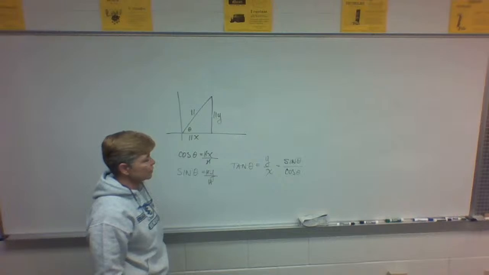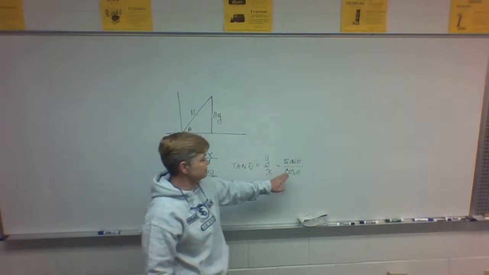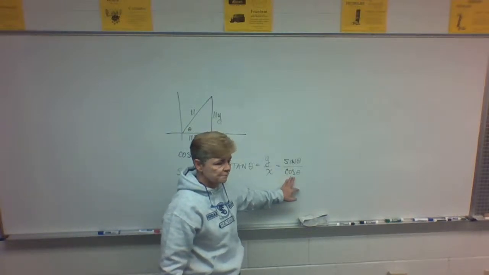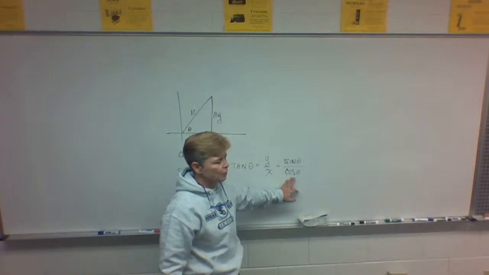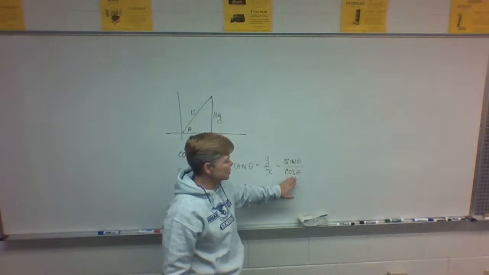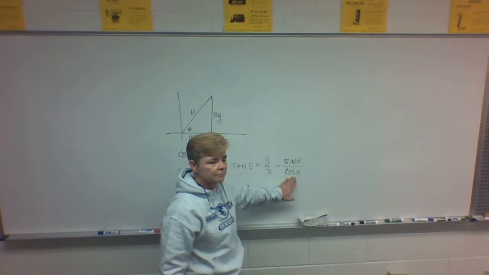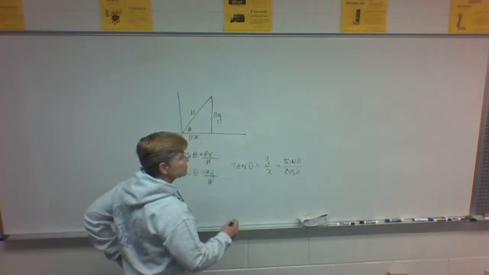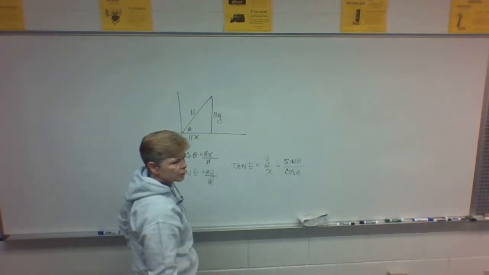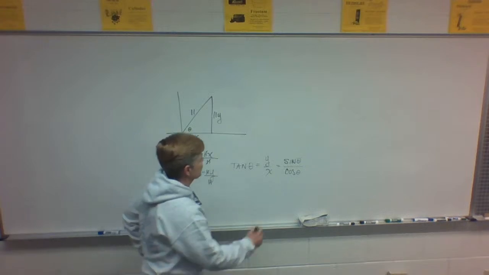Tangent is equal to sine over cosine every place cosine is defined. Where's cosine? I'm sorry. Cosine is defined everywhere. Every place cosine is not 0. That's what I should have said. Where's cosine 0? 90 degrees. Think about your quadrantals.